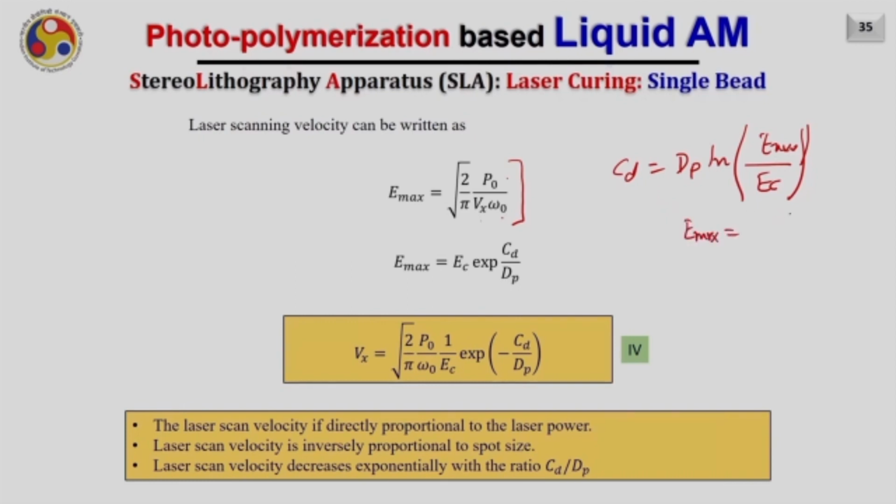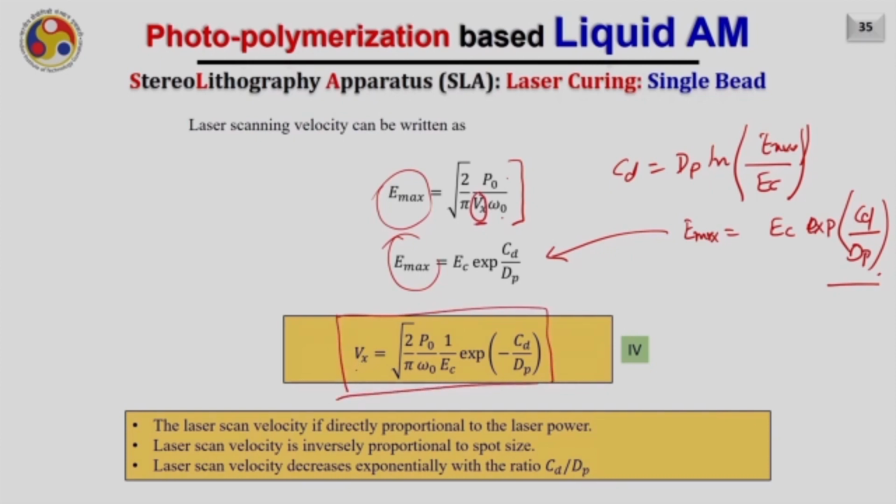Emax will be equal to EC exponential CD by dP. That is what is written here. Now if I eliminate Emax from this equation and this equation, you will have the expression for Vx that will be independent of Emax.